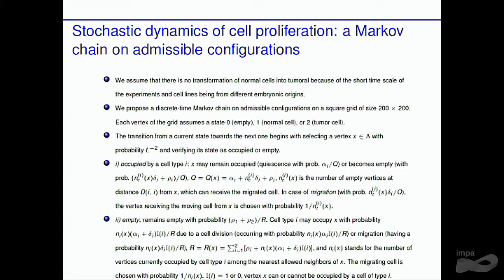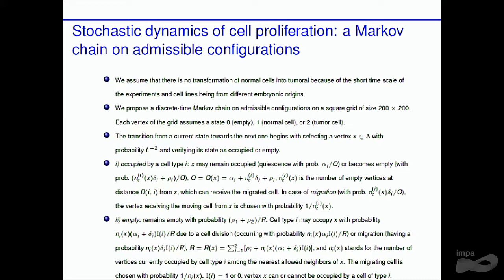We are going to propose a discrete time Markov chain on admissible configurations. That is, cells cannot be closer to each other than the exclusion diameter. We assume that each vertex of our grid assumes a state 0, 1, or 2.